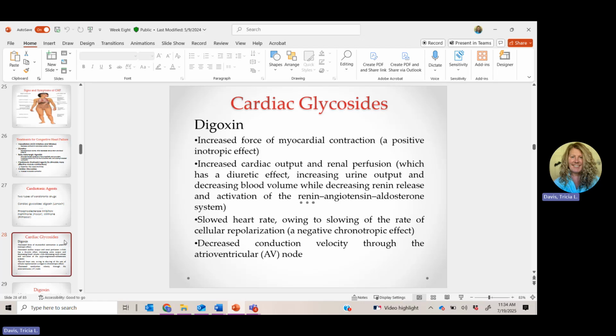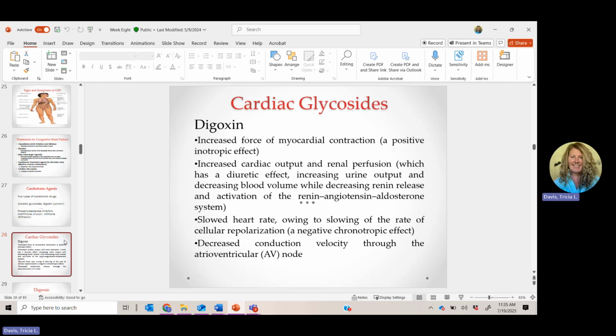It also decreases the renin release and the activation of the renin-angiotensin-aldosterone system, so we're not going to get that vasoconstriction. We're going to see that these patients have a slow heart rate, which also causes a decreased conduction velocity through the AV node. So basically, these patients are going to have a decreased heart rate and the heart's going to work better.